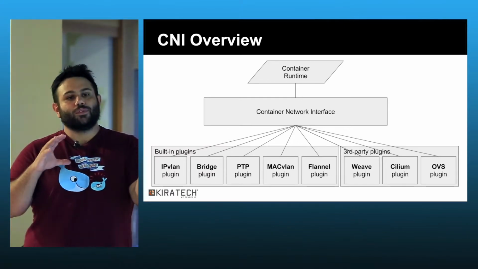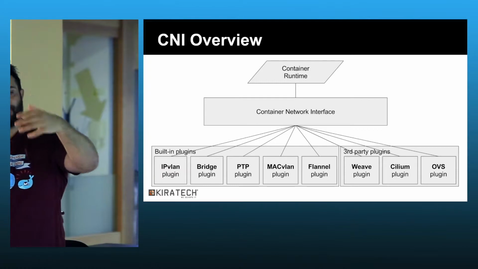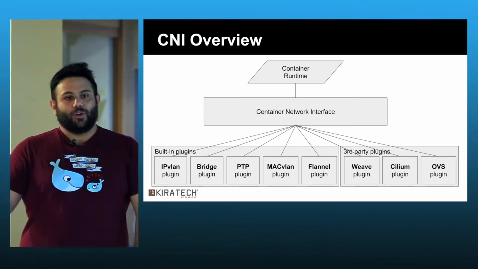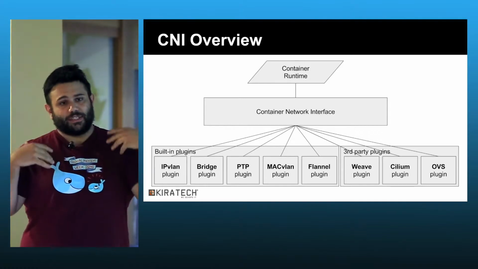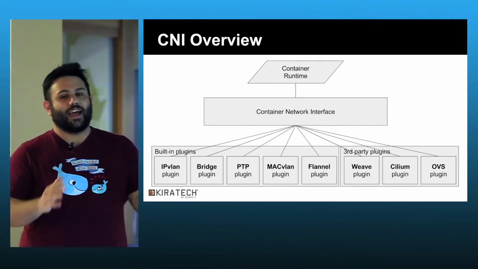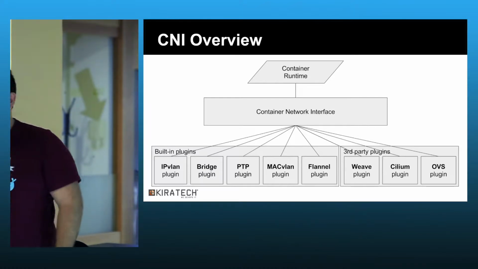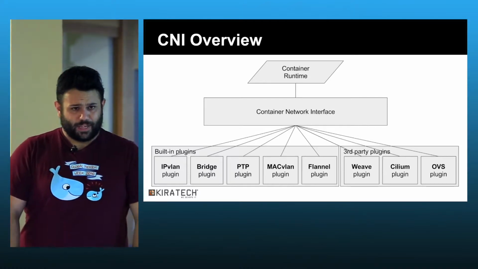That could be you that just call the CNI. In my demo, it is me that creates a namespace, and then I call the CNI binary to put the networks inside the container.